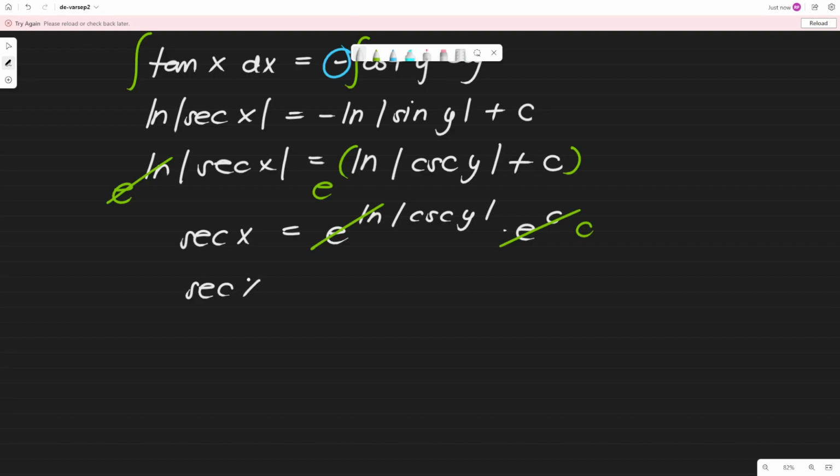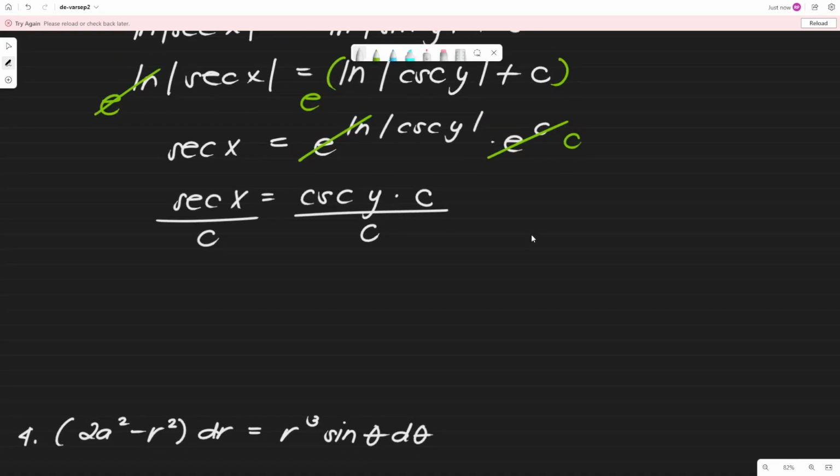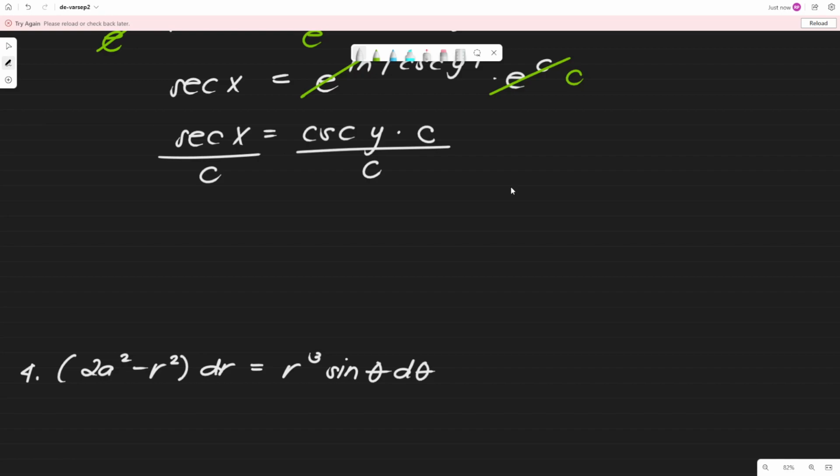So, we have secant x is equal to cosecant y times c. Or if we're going to divide both sides by c, no? So, 1 over c is still c, no? Simply c na lang siya kasi arbitrary constant to. That's the property of arbitrary constant. It just absorbs the value of other constants as well, no? When they are operated. So, cancel yung c.